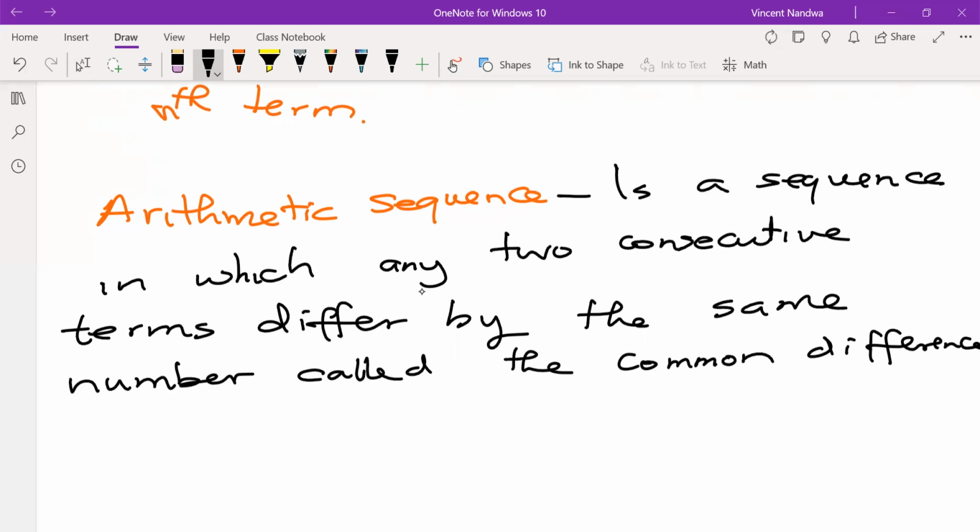So any sequence in which any two consecutive terms differ by the same number is called an arithmetic sequence.